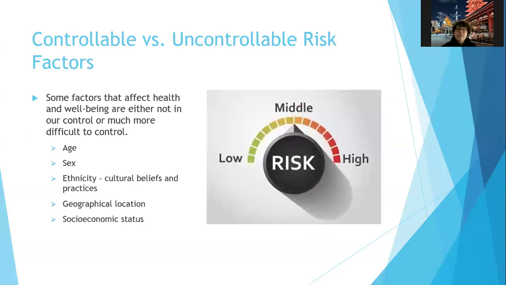There are some risk factors for disease that are 100% controllable. There are a lot of risk factors for disease that are not controllable. So some of the factors that affect health and well-being are not in our control at all, like your age. Your age is your age. People like to say, oh, 60 is the new 30. That's not true.